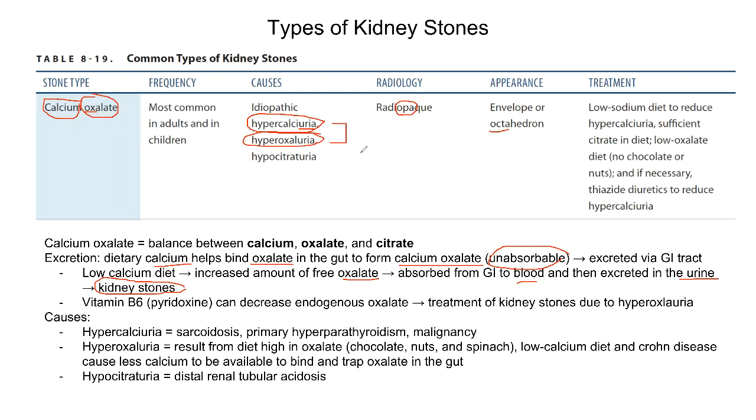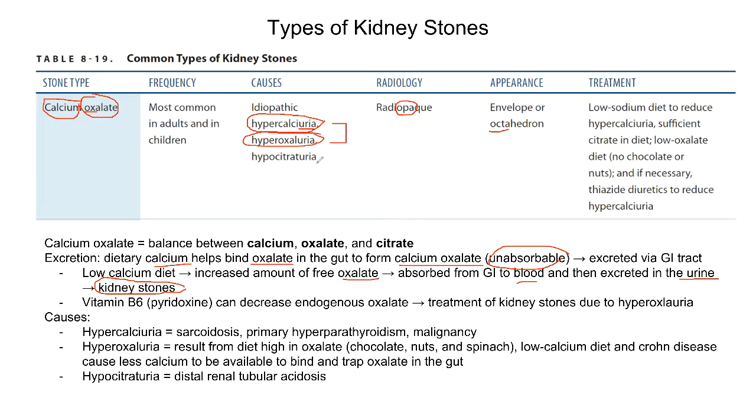Okay, so you have to think about high level of calcium in the blood and in the urine. Try to separate them, and also hypocitraturia. Think of citrate as the opposite of calcium. Citrate usually binds with calcium, so if you have a high level of citrate, you have a low level of calcium in the blood.